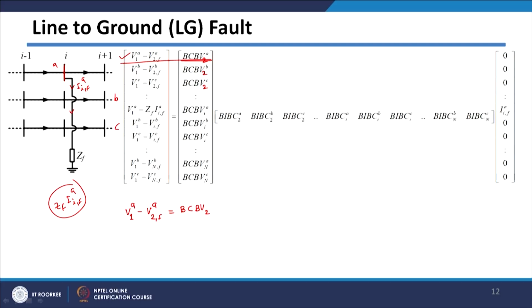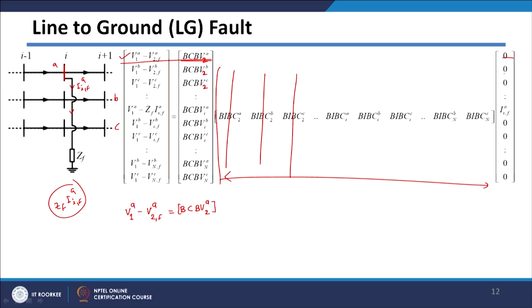So, it is BCBV 2 and A phase, and here as I told you, we already simplified this part of the matrix, and as I told you, all the other columns are getting multiplied with respect to 0. So, they are not contributing anything.